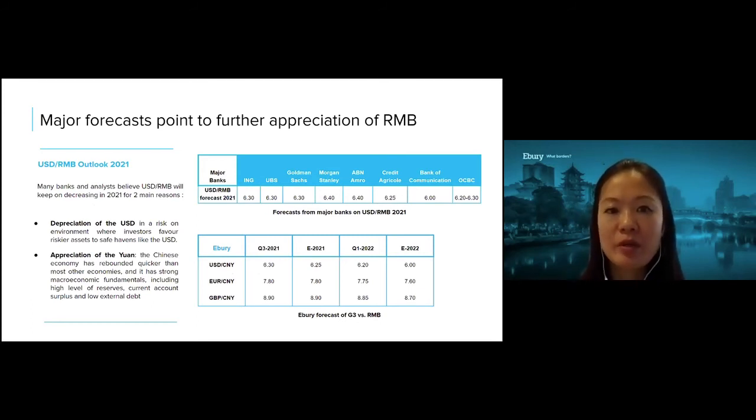As part of this internationalization of RMB, right? And I was mentioning as well the increasing volatility that we have seen. We're forecasting, not only our expert analysts at IBRI, but also major banks, that the RMB is going to continue its strengthening trend towards the USD especially, but also towards Euro and cable.